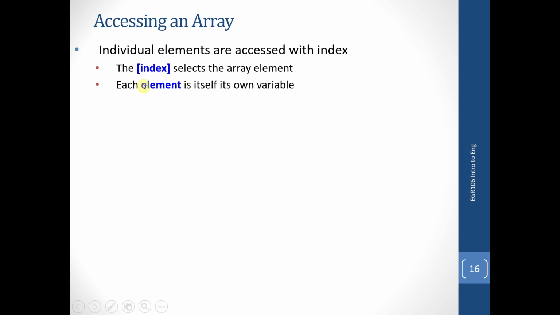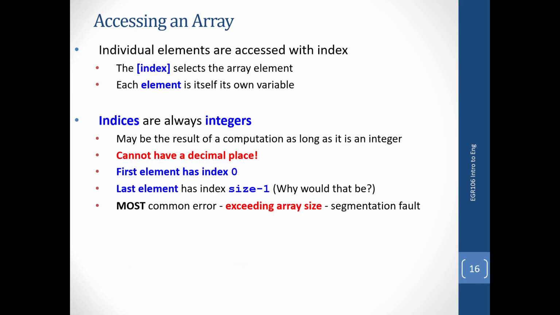I talked a little bit about this. The number inside those brackets is called the index number. If you're talking about the variable itself, it's called an element. But if you're talking about just the number inside the brackets, it's called an index number. Indices are always integers. This probably makes sense to you. We can't have samps[2.5], for example. That just doesn't make sense.